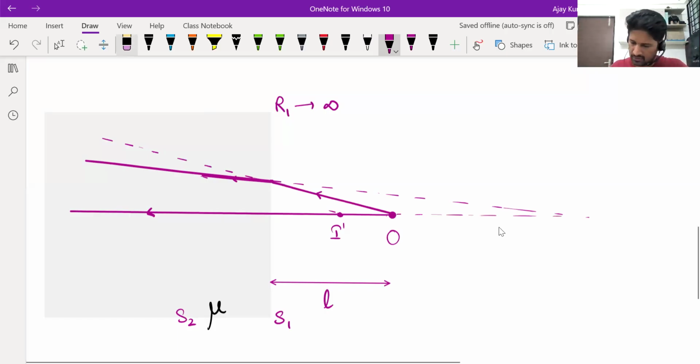Okay, for now you don't need I dash. So assume the light just refracts once and enters into the glass slab. The light that enters into the glass slab seems to be coming from here. We'll call this I1.